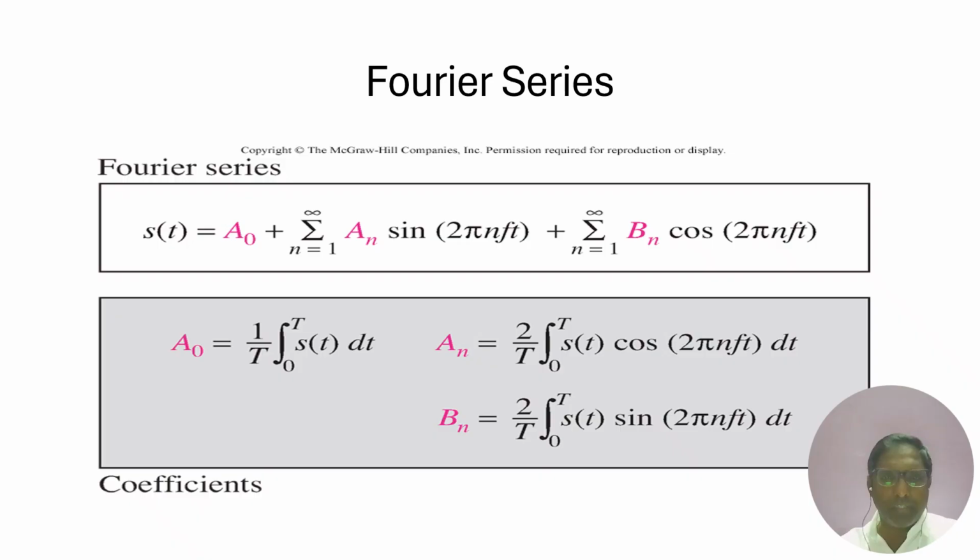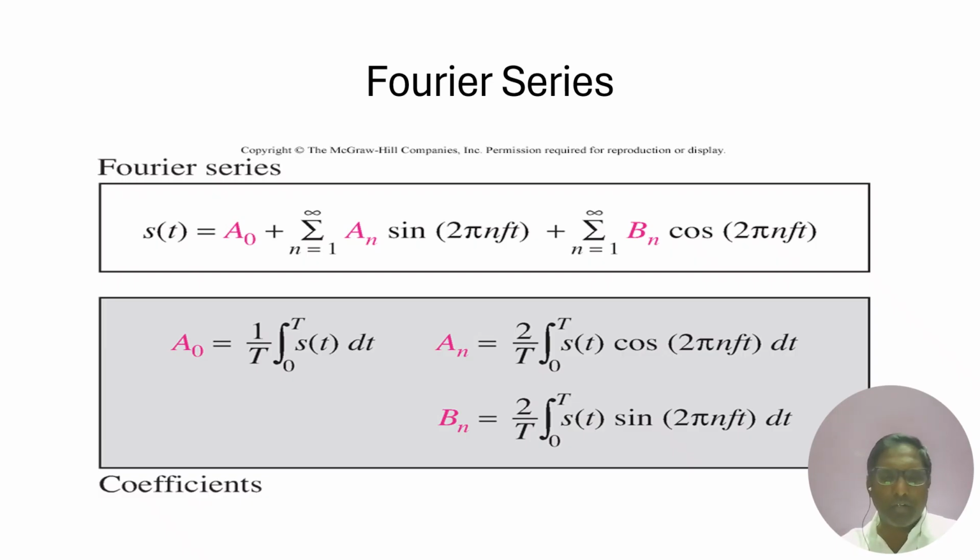The mathematical expression for the Fourier series is s of t equal to a naught plus summation n equal to 1 to infinity a n sin 2 pi n f t plus summation n equal to 1 to infinity b n cos 2 pi n f t, where a naught, a n and b n are coefficients and a naught is the amplitude term.